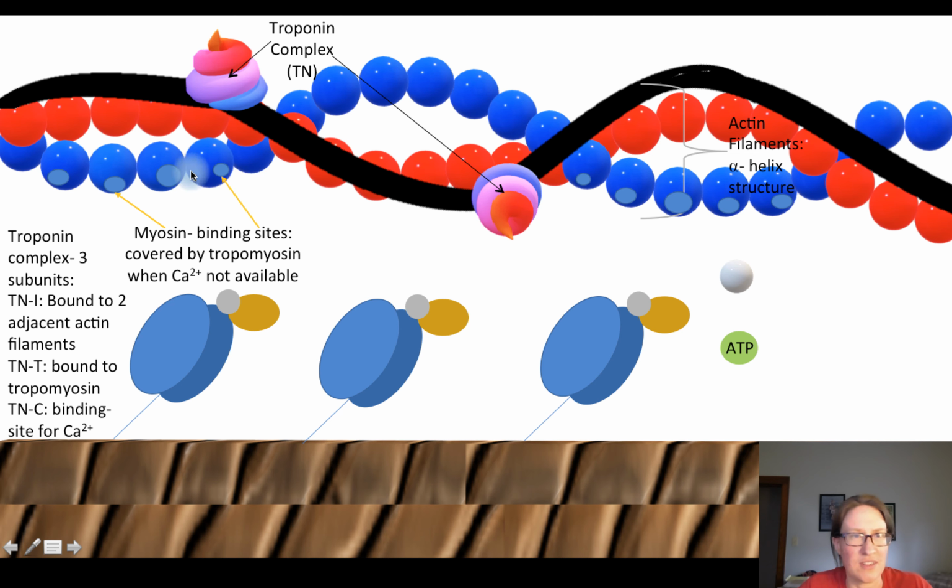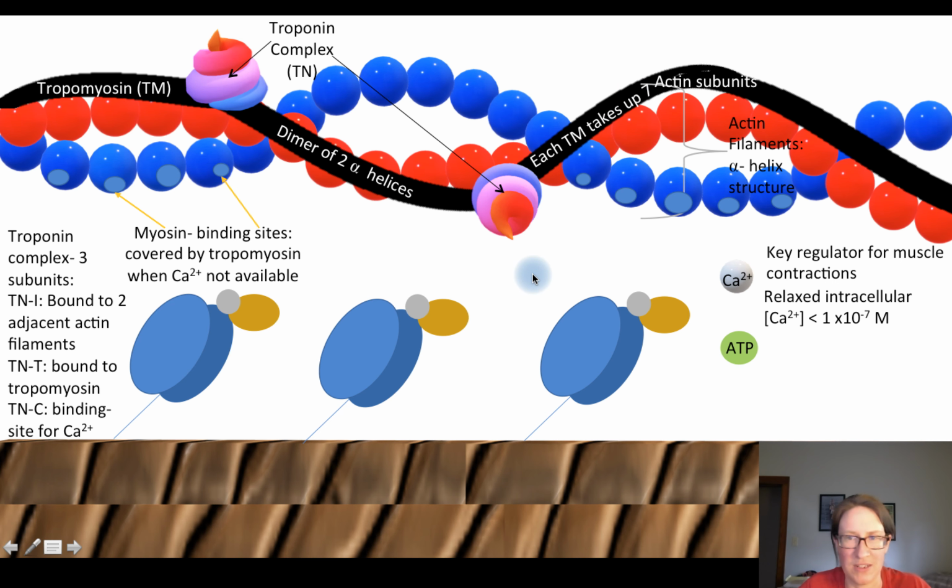This also shows us the myosin binding sites, which would normally be covered by tropomyosin when there's no calcium present. And again, here's tropomyosin, which is also an alpha helix dimer, and each component will cover up 7 active actin subunits.